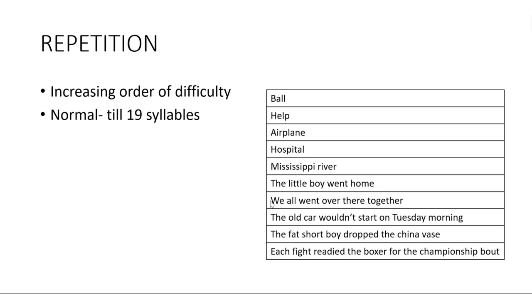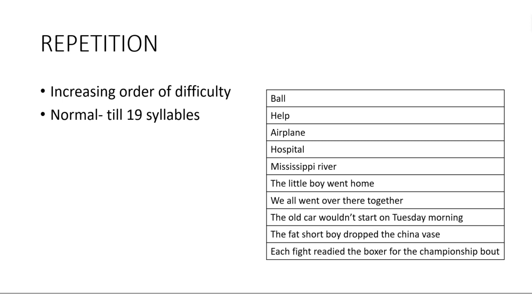This is the list given in a standard textbook, Stubbs and Black's, and as you can see, there is increasing complexity of these sentences with an increasing number of syllables. We ask them to repeat after us and slowly increase the complexity. Normally a patient can repeat up to 19 syllables. If he is not able to repeat, you can consider that his arcuate tract is affected.